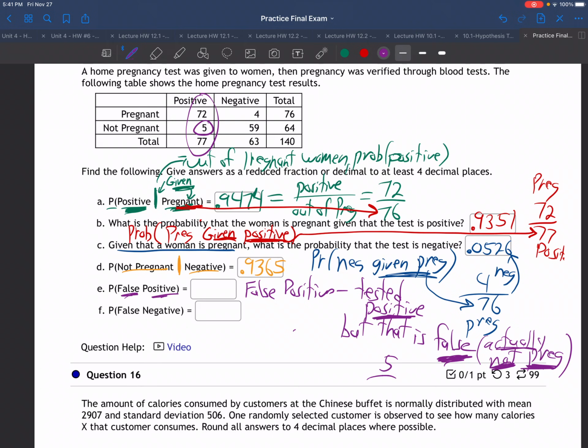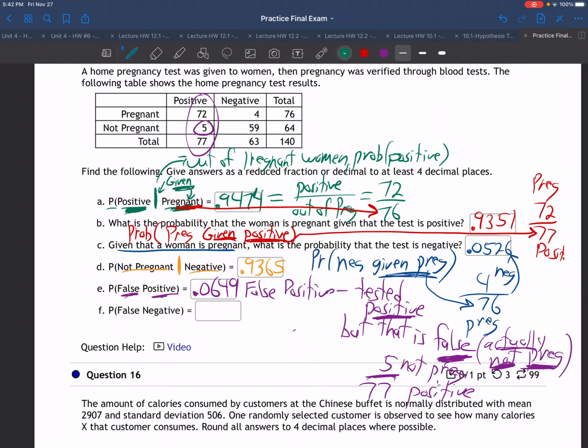It's 5 out of 77 because it's not pregnant over those who tested positive. The test came out positive, so it's a false positive, right? It's 5 out of 77. The test came out positive, which means it's one of those 77 women, but it's false. They're not pregnant, really. So the chance of that is 5 out of 77, which comes out to 0.0649. It's a pretty low chance.